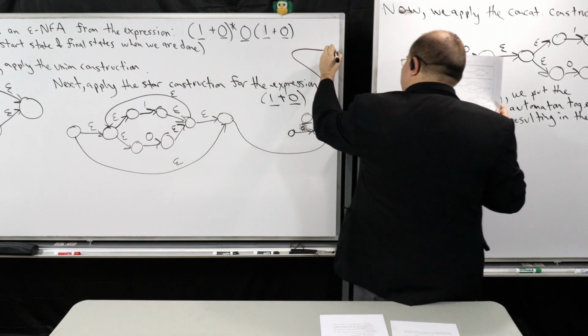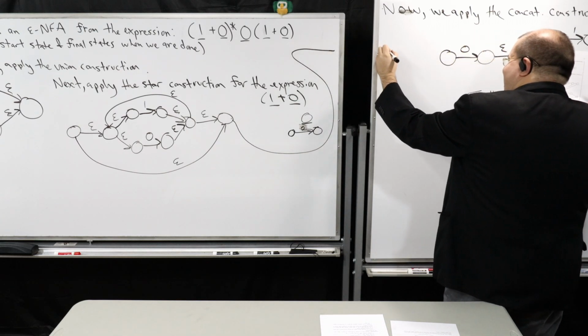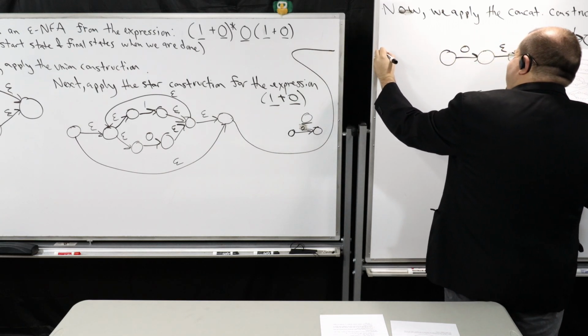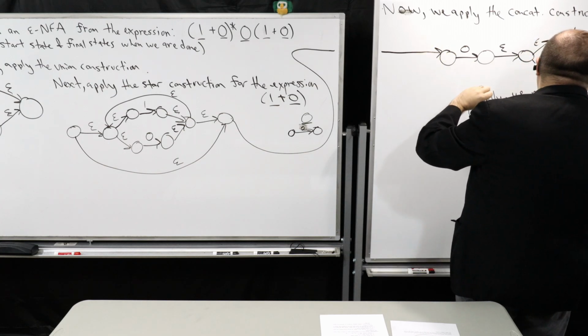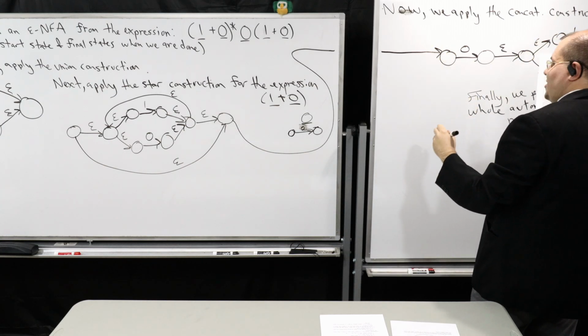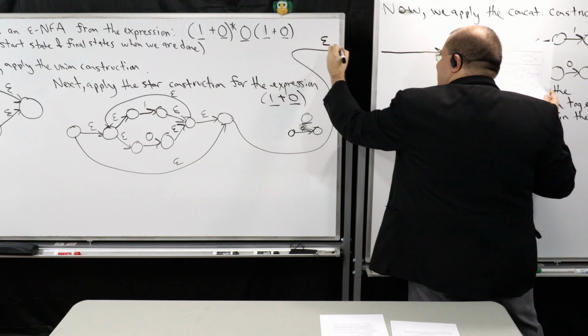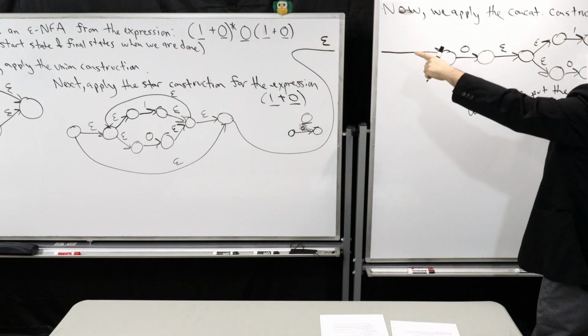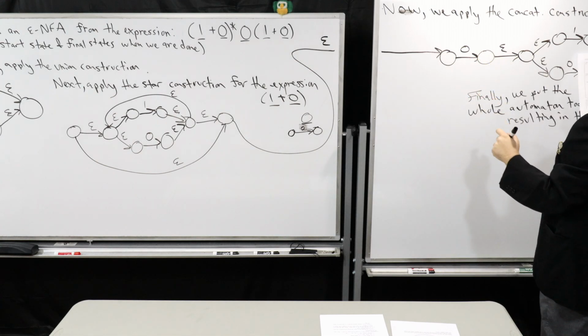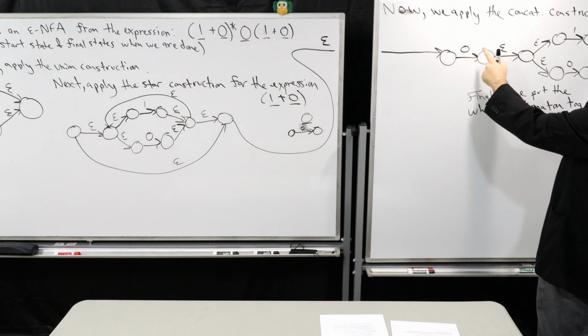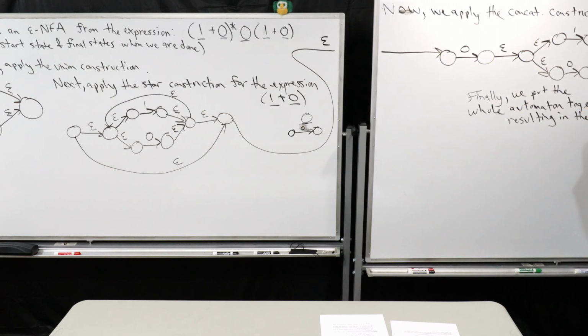Now you have to imagine it's going through this way. And I'm taking an epsilon transition from there all the way over here, and then that will take me to here. Does everybody see that? So all I'm doing is concatenating the two.